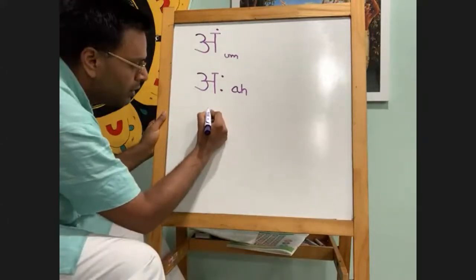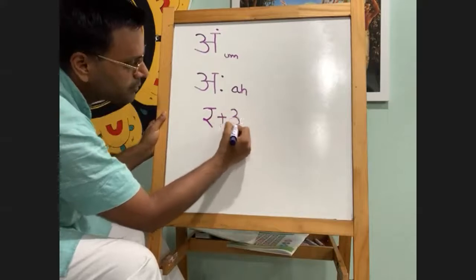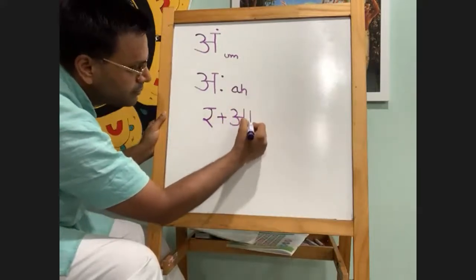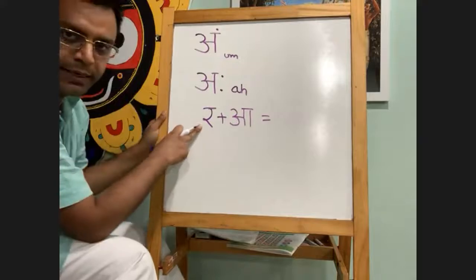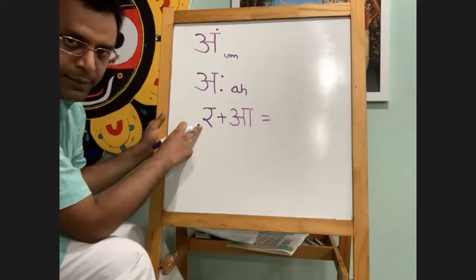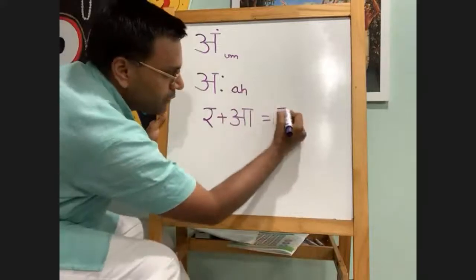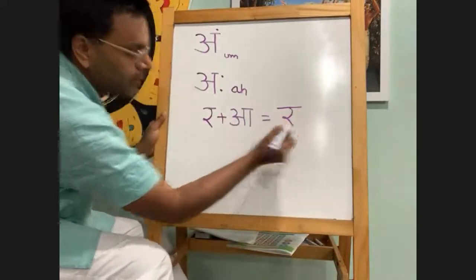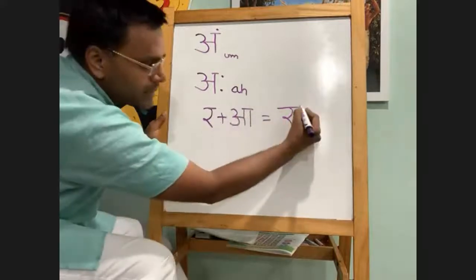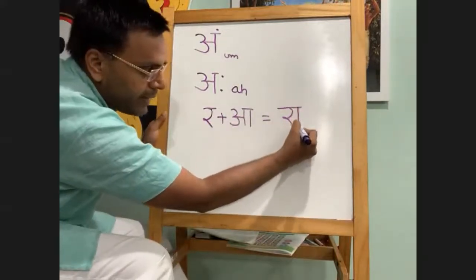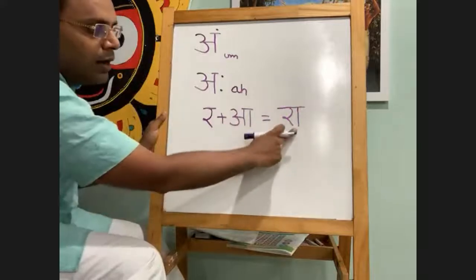Ra plus A. Okay, so we did the letter Ra last, Ra plus A, how will it be written? So it will be Ra and then the matra of A. What is the matra of A? It is represented as one straight line after the letter. So Ra plus A, Ra.